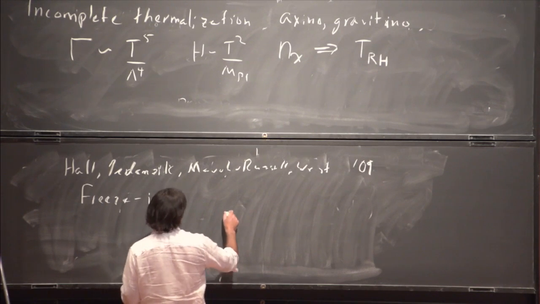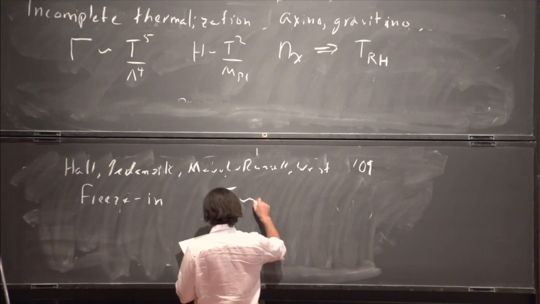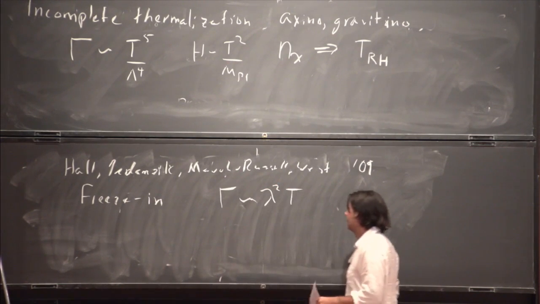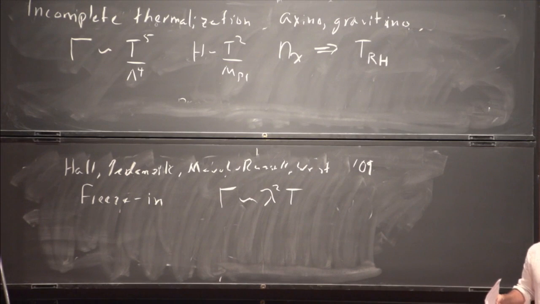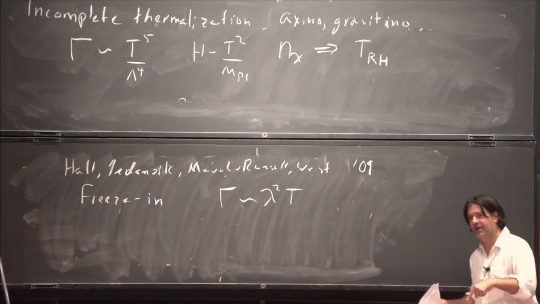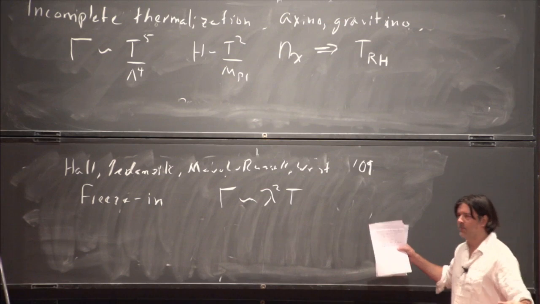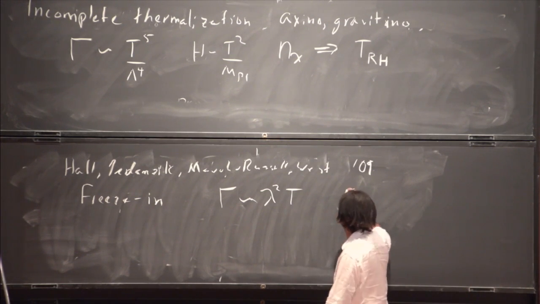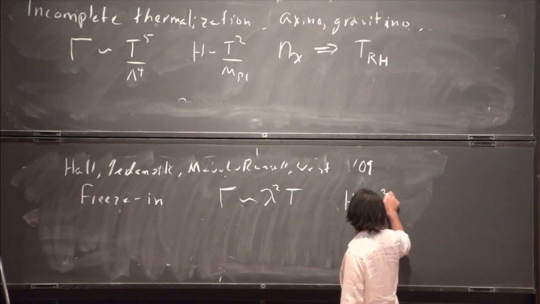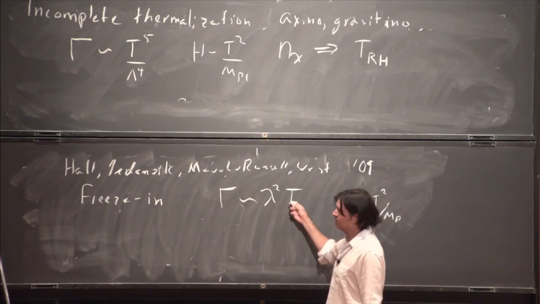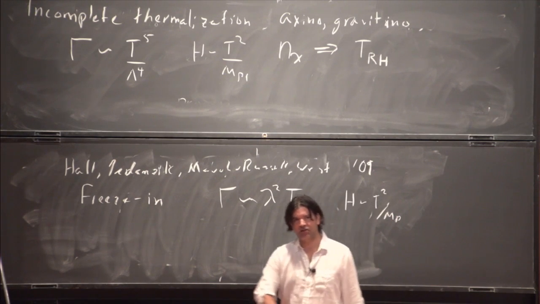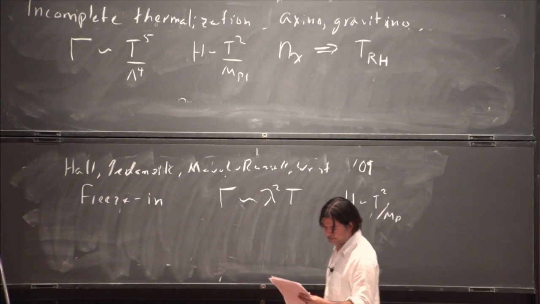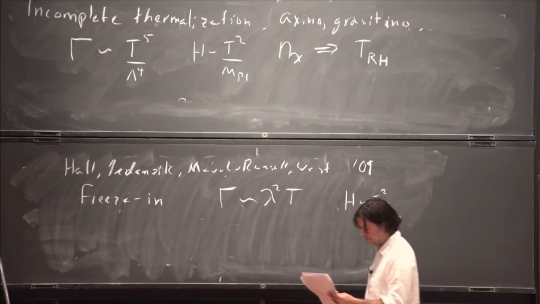In that case, your rate is proportional to those dimensionless quantities times T. So rather than having a process that becomes less and less important compared to the Hubble rate, this becomes more and more important compared to the Hubble rate as the universe cools. Because even though this rate is dropping, since the Hubble rate is dropping like T squared over M Planck, this is dropping more slowly, so its production process is actually dominated by whatever the last thing that happens for it is.